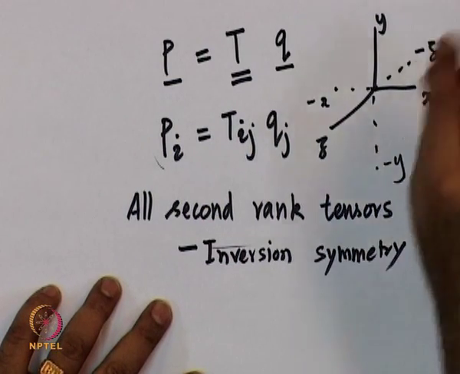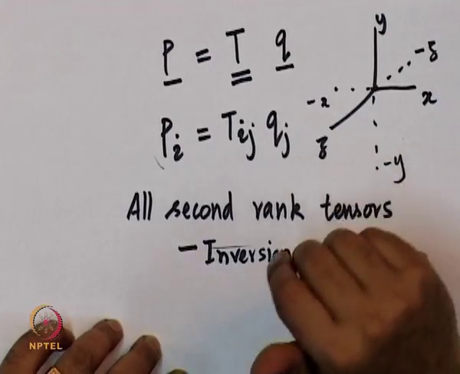So, using this, for example, you can show that in a non-centrosymmetric crystal, all the even rank tensors become 0 for this reason, that these even rank tensors have this inversion symmetry, and if your crystal does not have such a symmetry, then these tensors should identically become equal to 0.